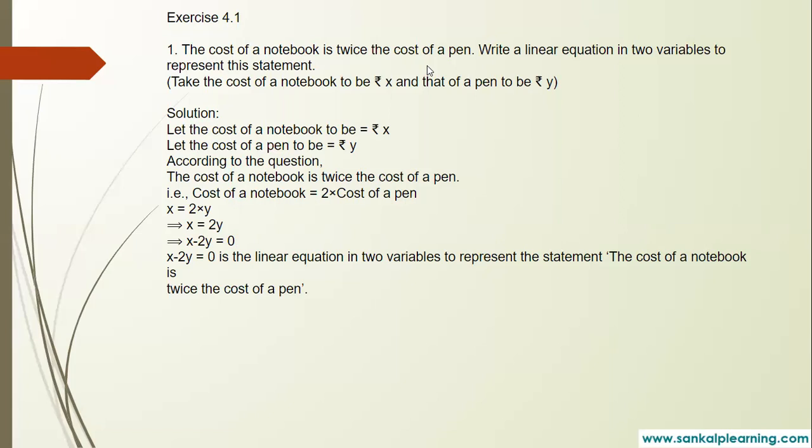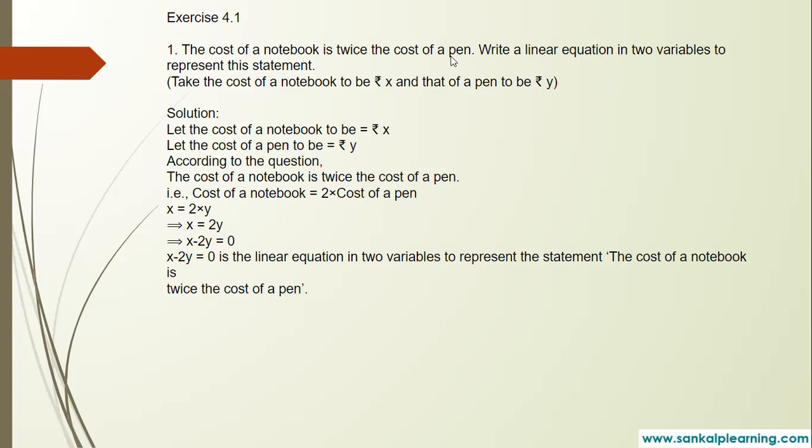While doing the word sums in linear equation, okay, which term is unknown, we keep it as x. Okay, whatever you don't know, we take it as x. What are they saying? Book is twice the cost of a pen, but we don't know what is the cost of the pen, right?